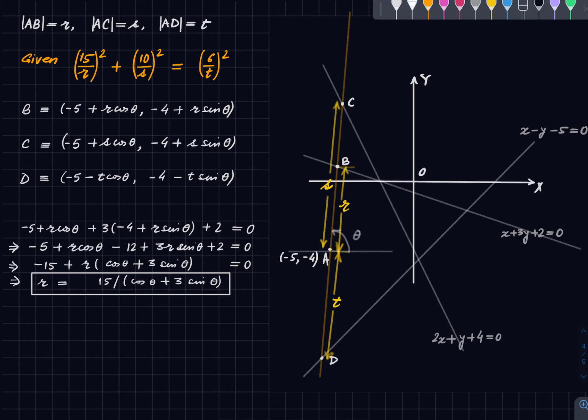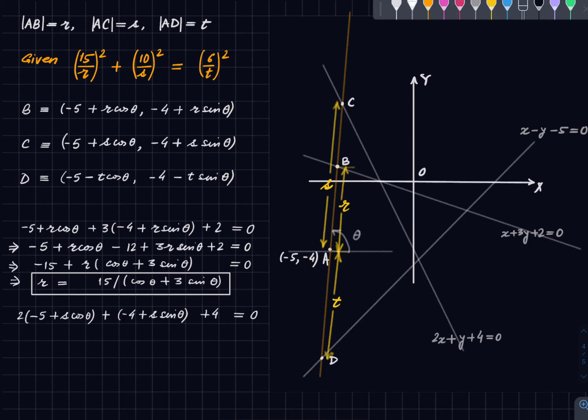Similarly, now we do it for the point C. Point C lies on this line. So if we play the same game, we get twice of minus 5 plus s cos theta, plus minus 4 plus s sin theta, just substituting the values of x and y, plus 4 equals 0.